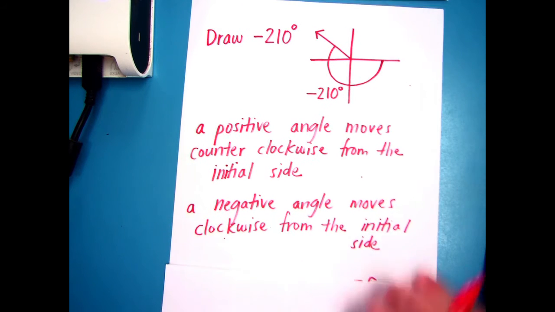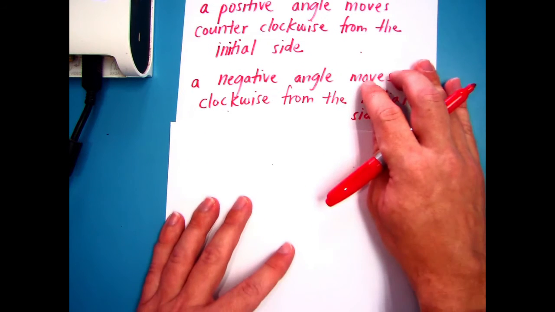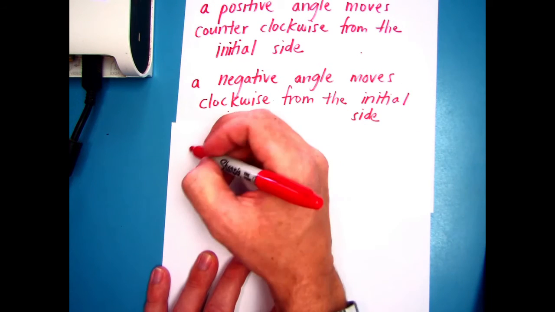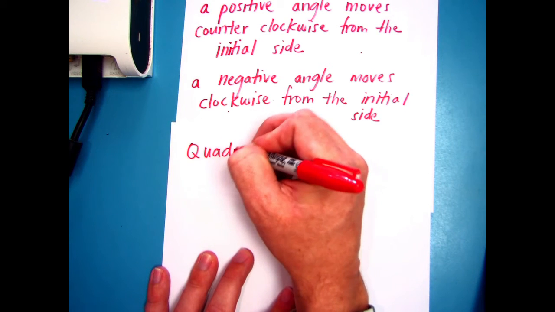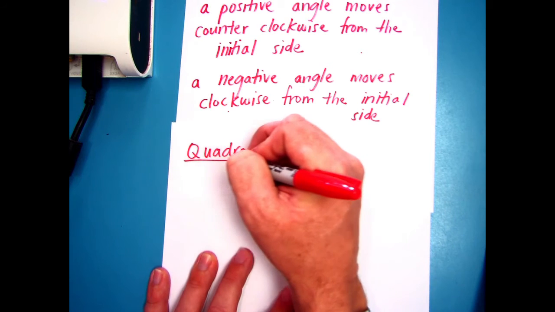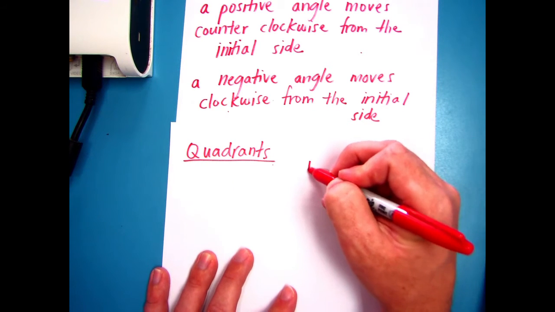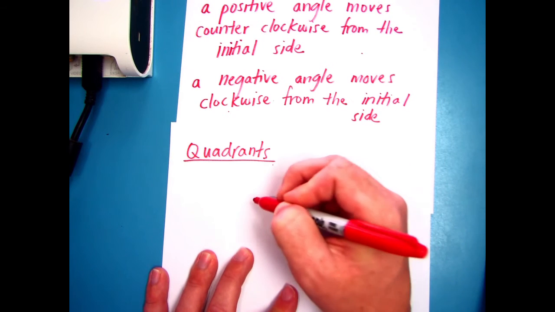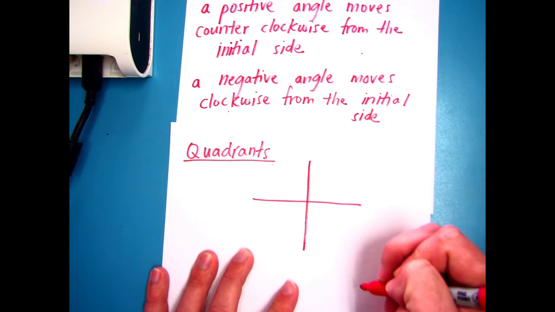So one last thing to talk about. I've been talking about locations, top left, bottom right, top right. There's a better way to describe locations of terminal sides. We use quadrants. So if you think of that XY axis, we actually number these locations.